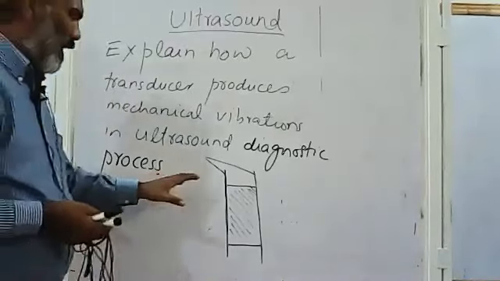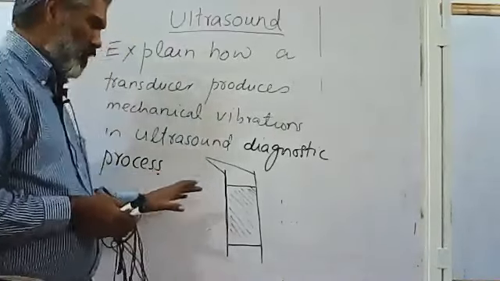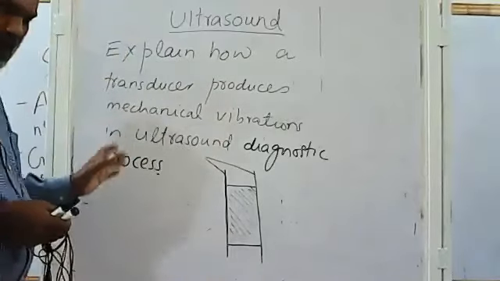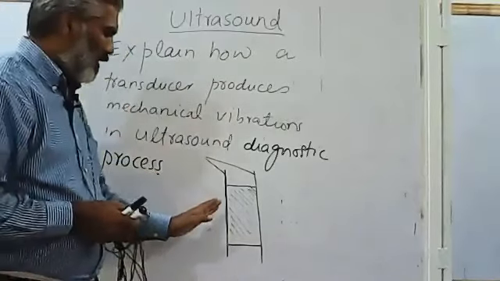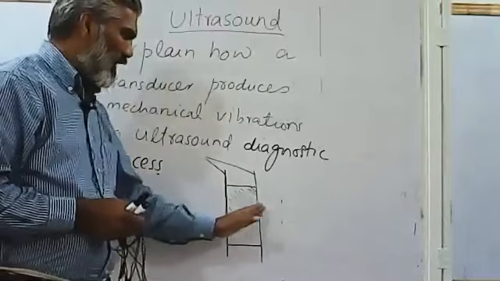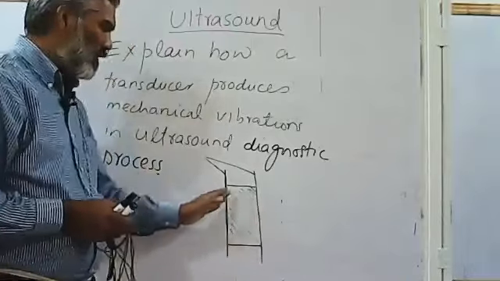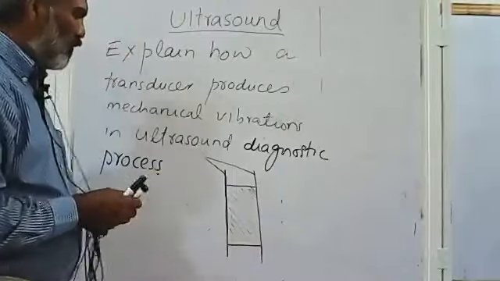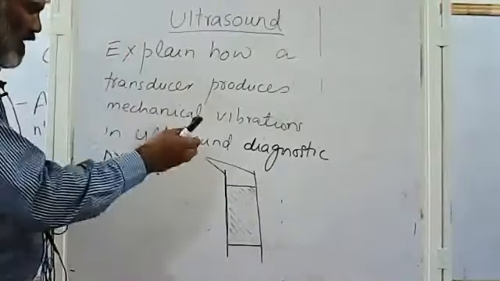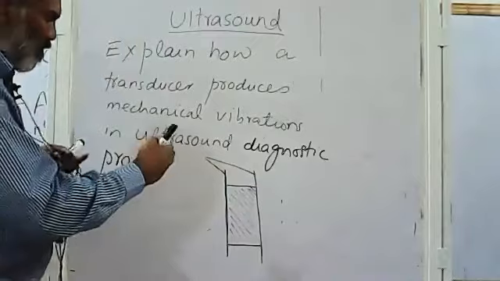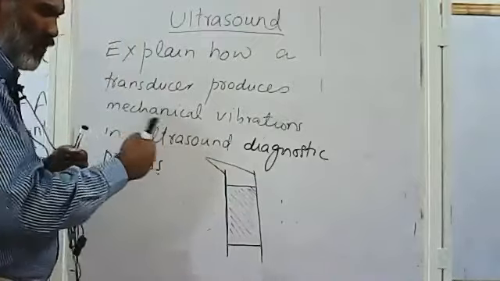We apply a voltage signal which is alternating voltage. This is positive side, this is negative, and the next moment this is positive, this is negative. Due to this quick variation, there are vibrations produced.